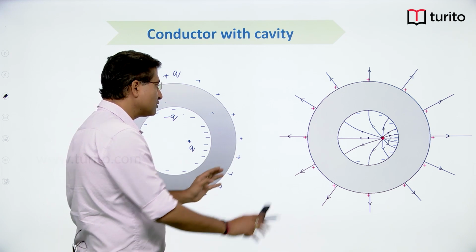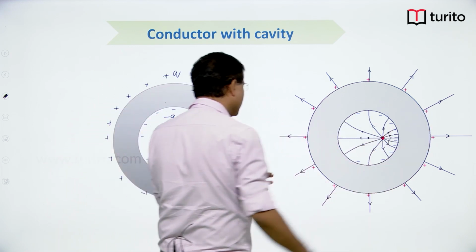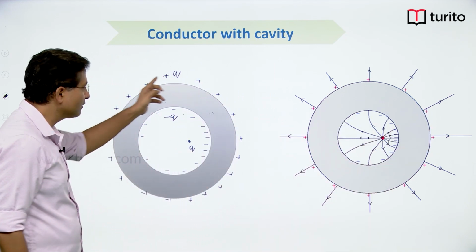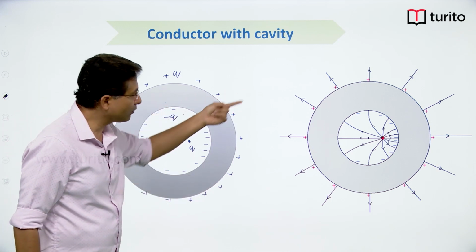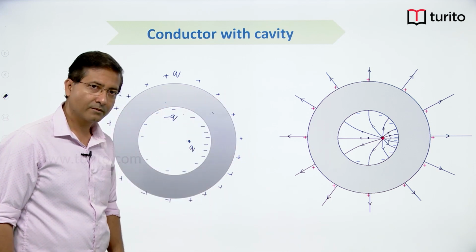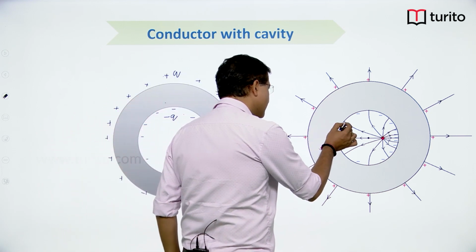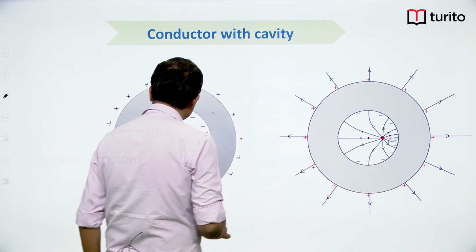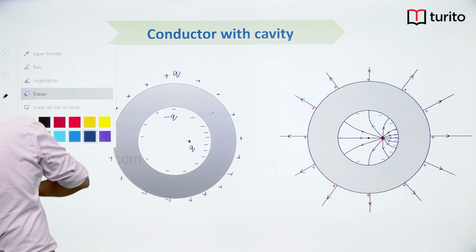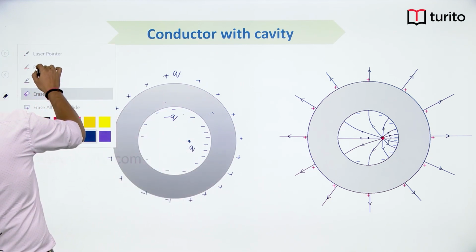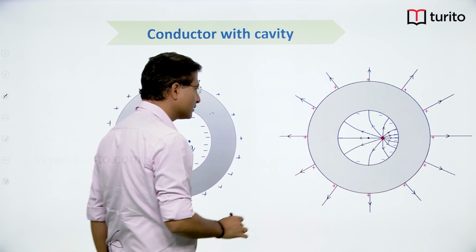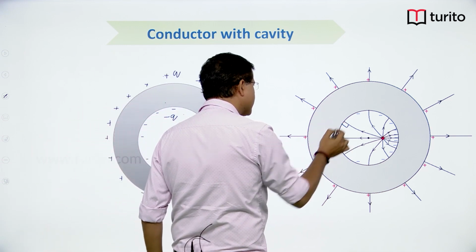Outside, as the charge is uniform, the field lines will be radially outward in every direction, right. And I already told you that lines will make 90° at the surface.